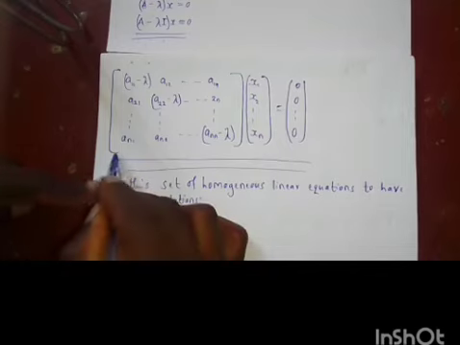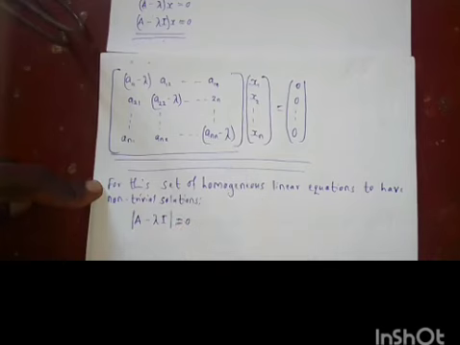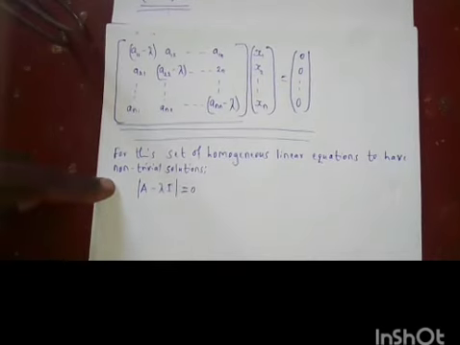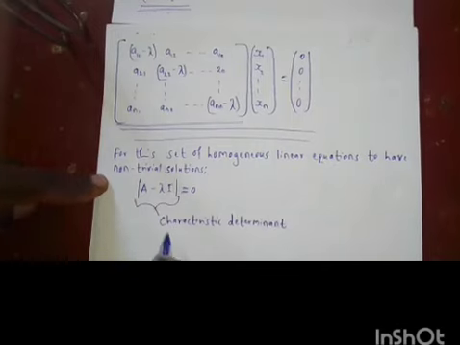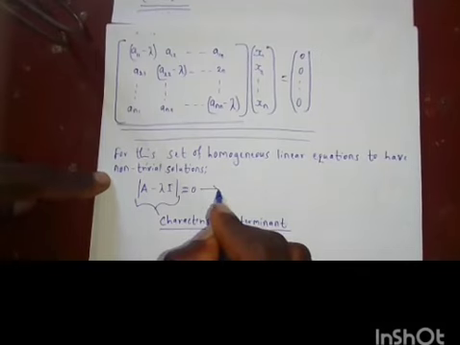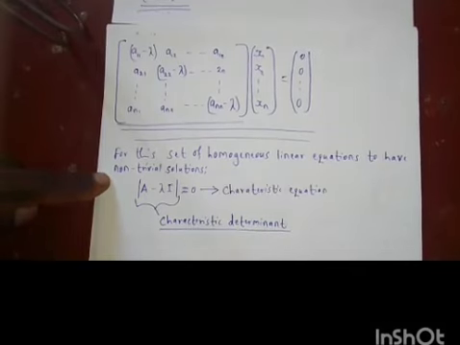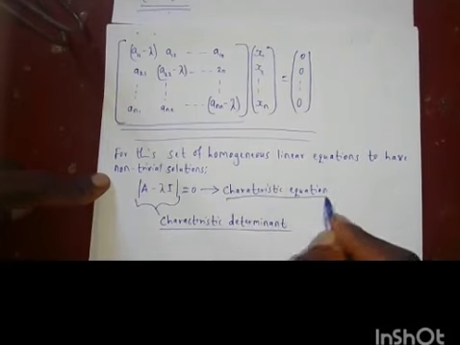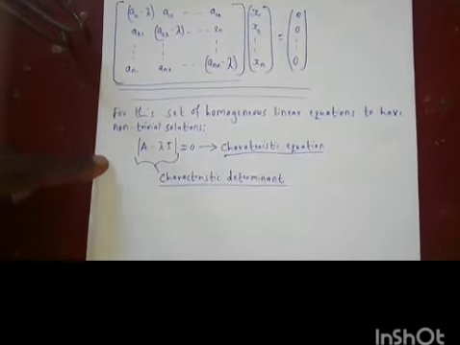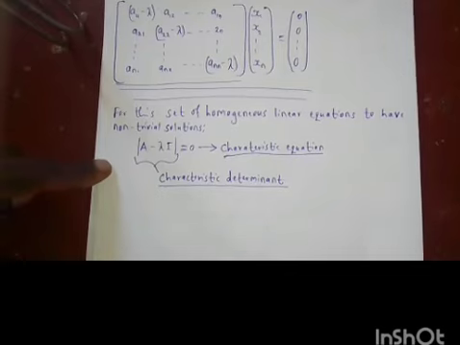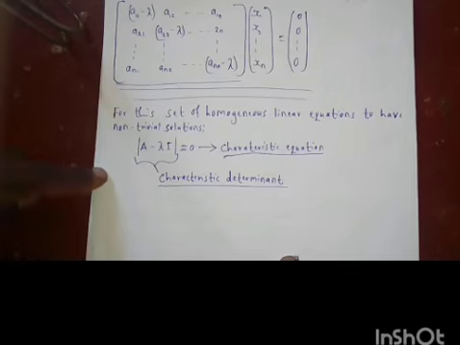So here, this one is called the characteristic determinant, and this equation is called the characteristic equation. So we are going to look at examples, first starting from a 2 by 2 matrix, then a 3 by 3 matrix. So let us see.